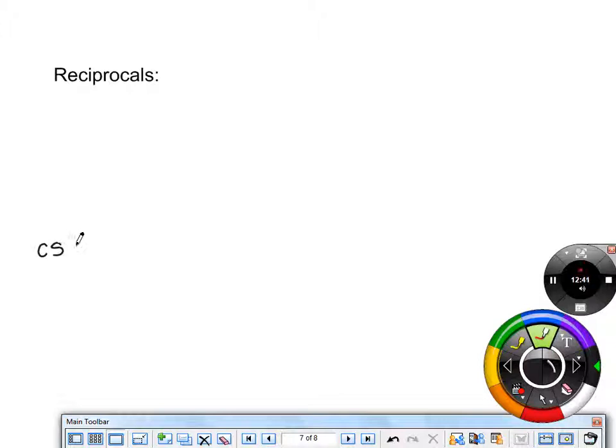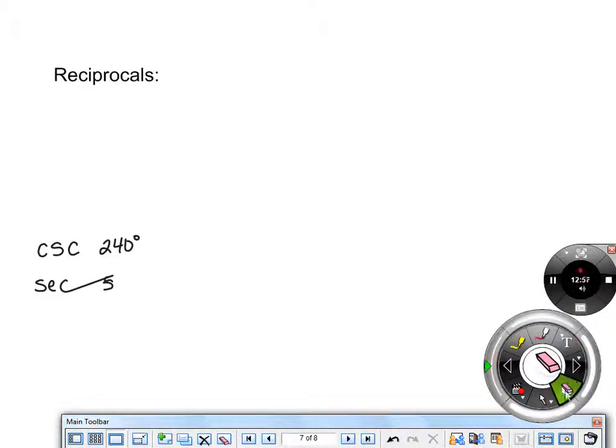Let's find the cosecant of 240. Let's find the secant of 5 pi over 6. It's not pretty.